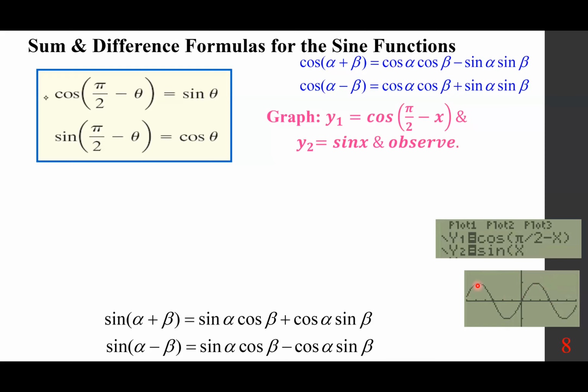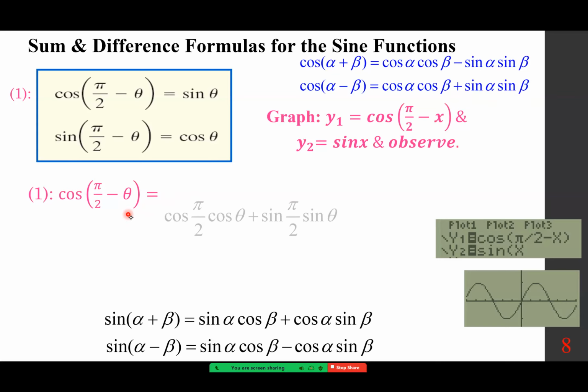So I'm going to look at the first one, cosine of pi over 2 minus theta. We're going to look at the proof of that. I'm going to use this formula: cosine of alpha minus beta is cosine alpha cosine beta plus sine alpha sine beta. That means cosine of pi over 2 cosine theta plus sine of pi over 2 sine theta, according to this formula, everybody.